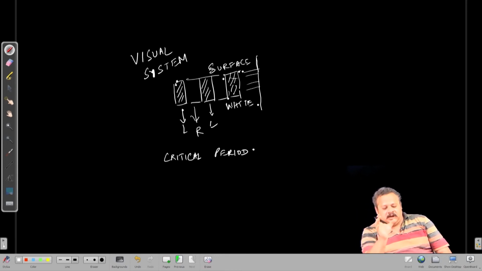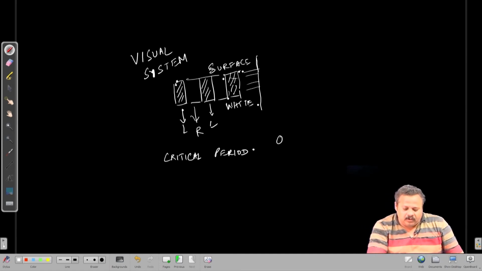So, it is only during that critical period that if you do stimulus deprivation to one eye, then the OD columns, ocular dominance columns, do not form.